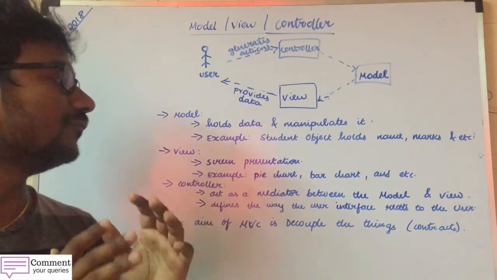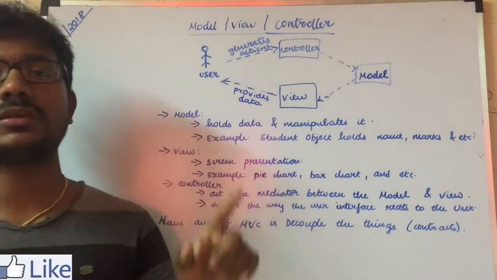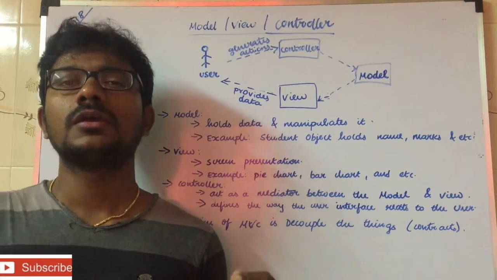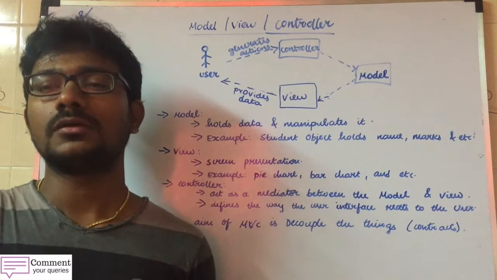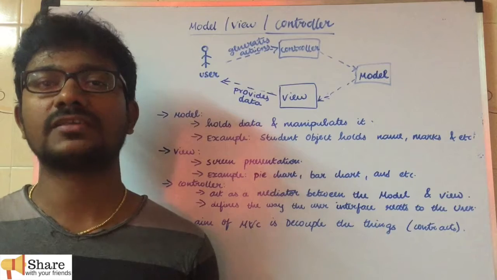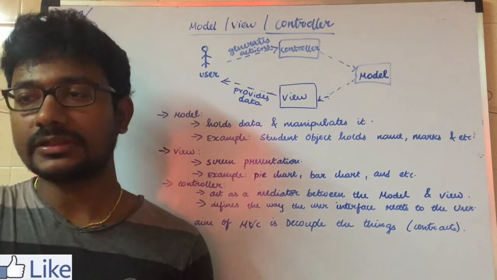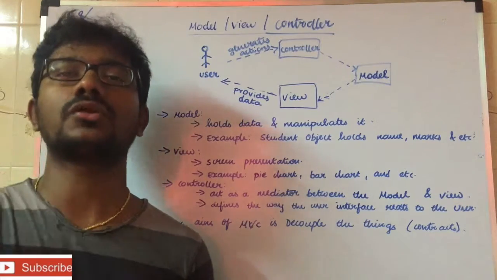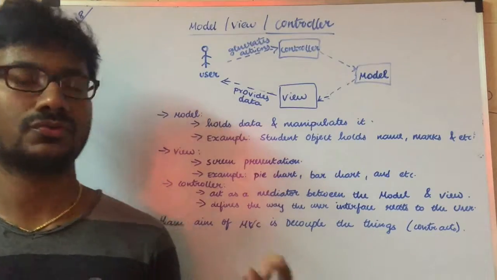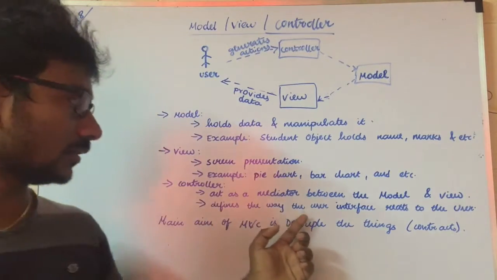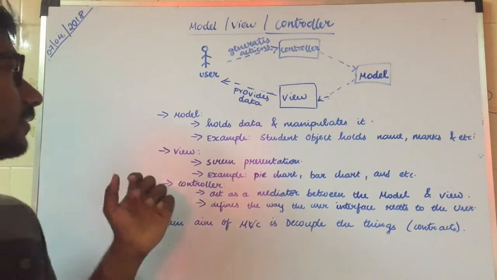The controller also defines the way the user interface reacts to the user. For example, in a Paint application, based on mouse actions, the actual drawing differs. The user actions are captured by the controller, and based on those actions it does some operations. That's the second point: it defines the way the user interface reacts to the user, and this is done by the controller.